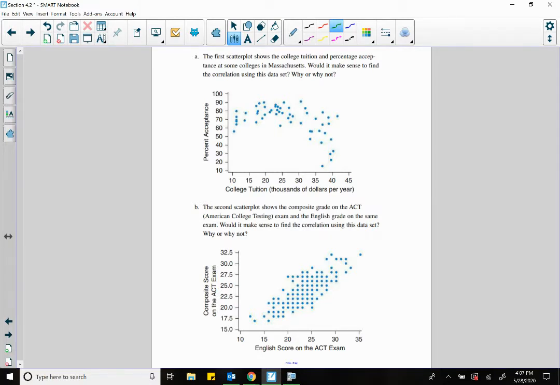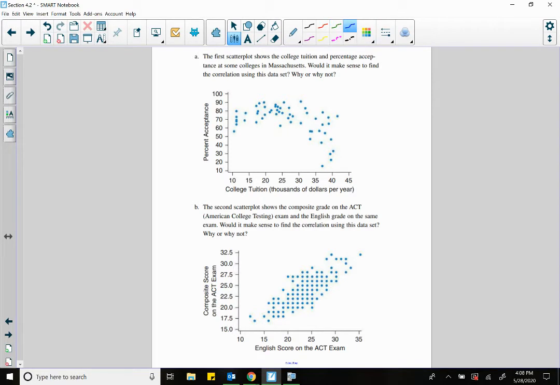So part B says the second scatter plot shows the composite grade on the ACT exam and the English grade on the ACT. Would it make sense to find the correlation using this data? Why or why not? Go ahead, pause the video, think about it, write it down, or think out loud, and then we'll talk about this. Go.